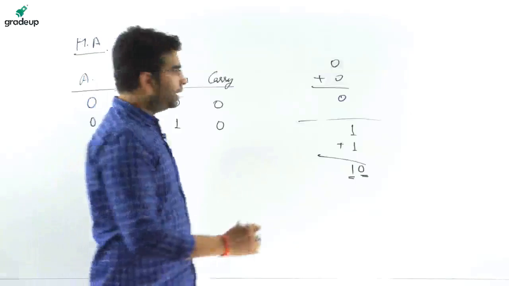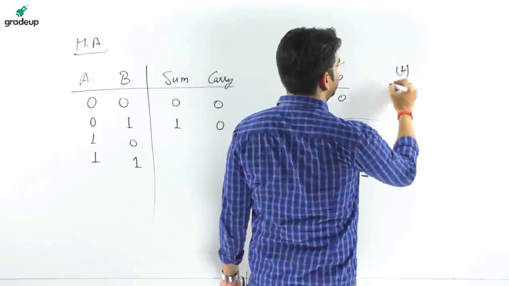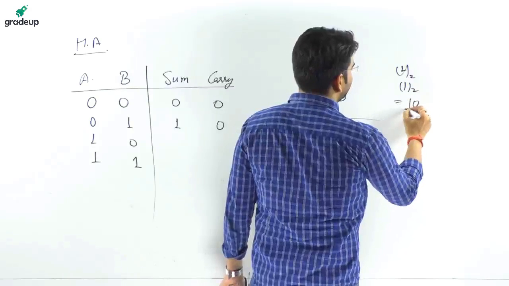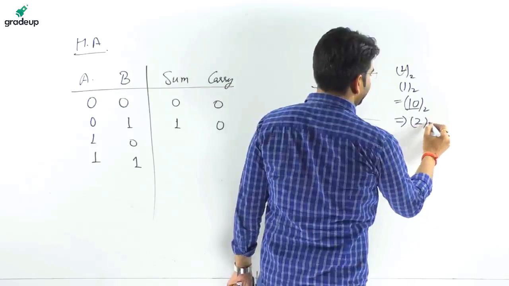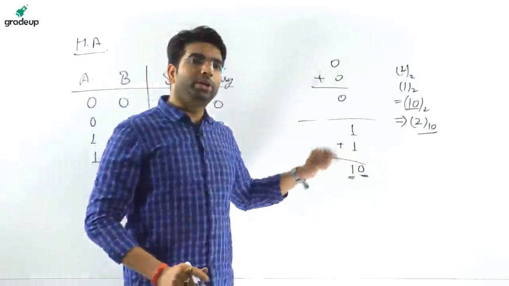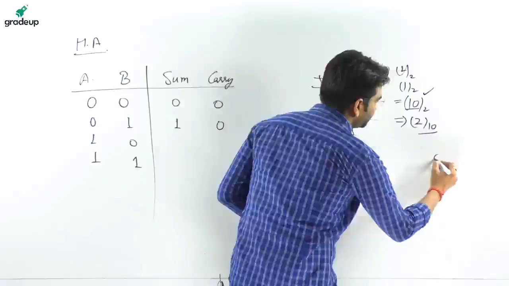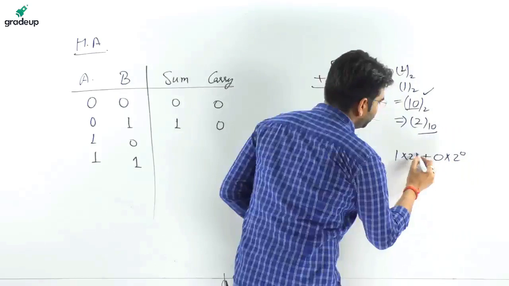How? Suppose it is binary 1 and binary 1, the result is 1 0 in binary. The equivalent of it will be 2 in decimal. This is what should come, 1 plus 1 will be 2. How do you get the binary expression? 0 into 2 raised to the power 0 plus 1 into 2 raised to the power 1.